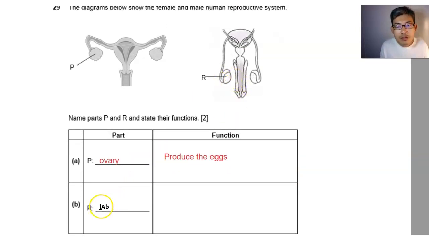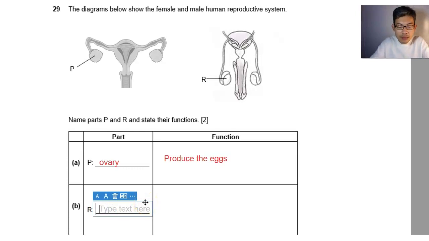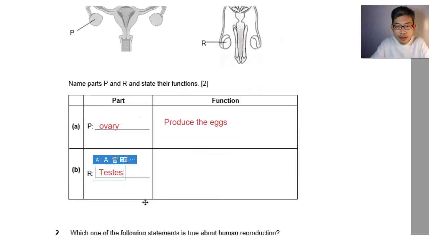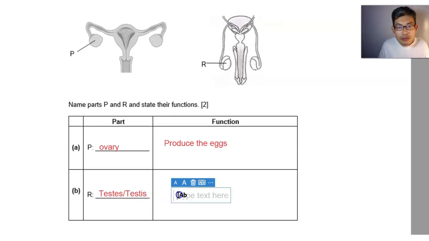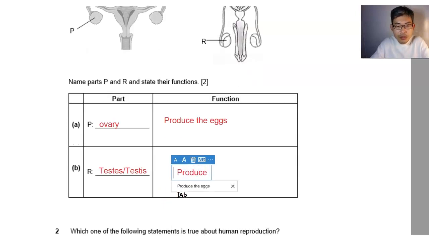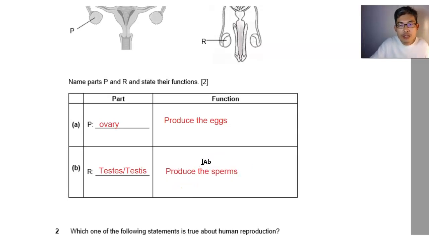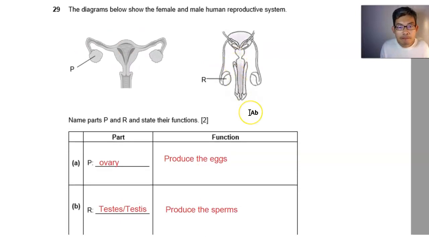This is a male reproductive system part, and that is called the testis. It doesn't matter how you spell it, we'll mark it correct. And the function is to produce the sperms. Those are the two different parts and the functions of the female and the male reproductive systems.